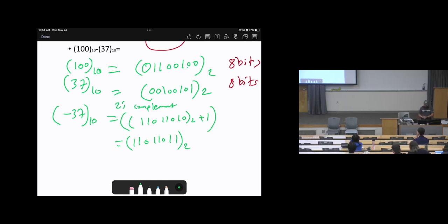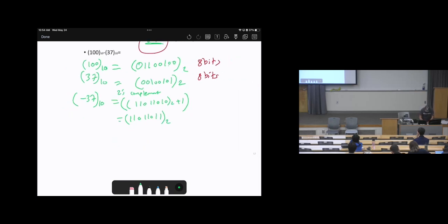Now, I'm ready to do the subtraction. I can say 100 plus negative 37, which is equivalent to 0, 1, 1, 0, 0, 1, 0, 0. This is equivalent to 1, 1, 0, 1, 1, 0, 1, 1.